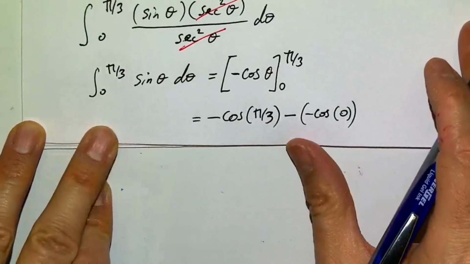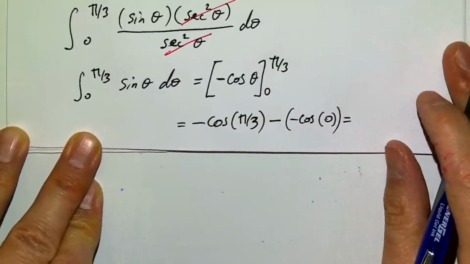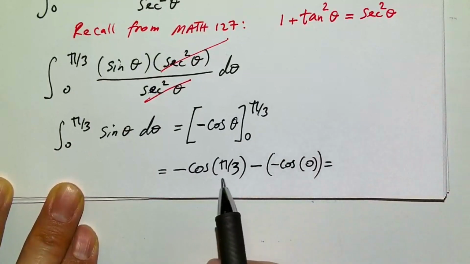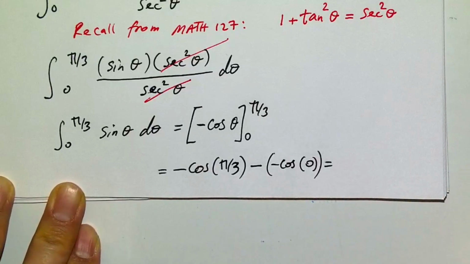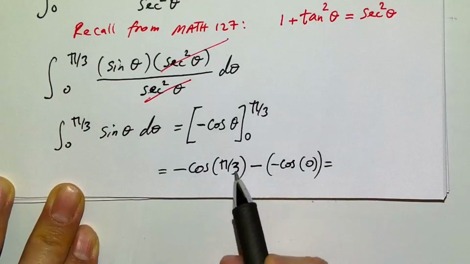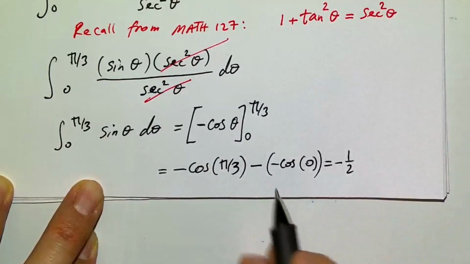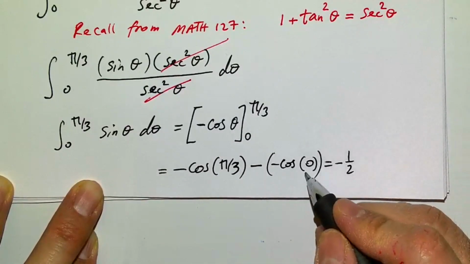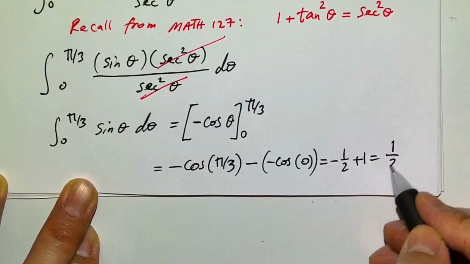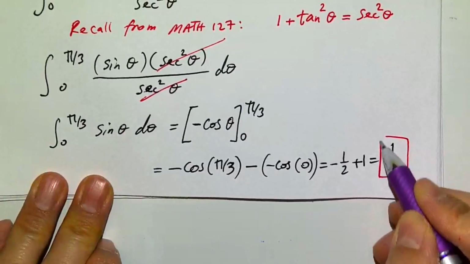So cosine of pi over 3, or 60 degrees, is 1/2, and minus times that is minus 1/2. And then minus minus cosine of 0, which is 1. So we end up with positive 1/2. Okay, like that.